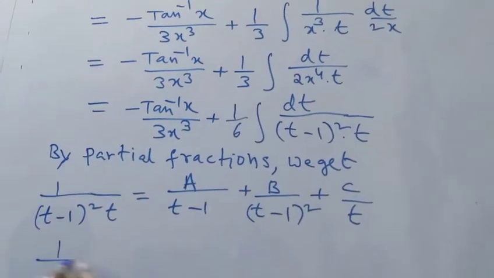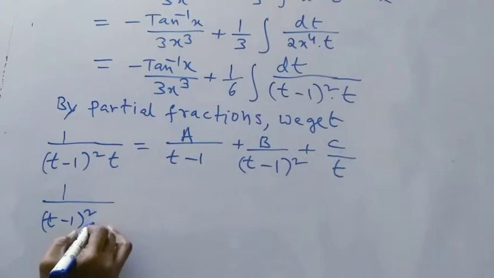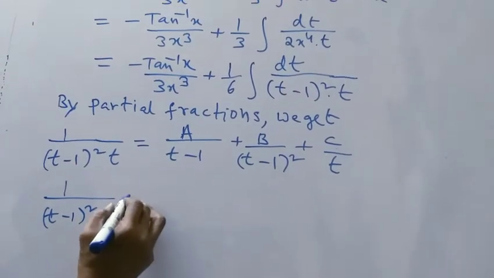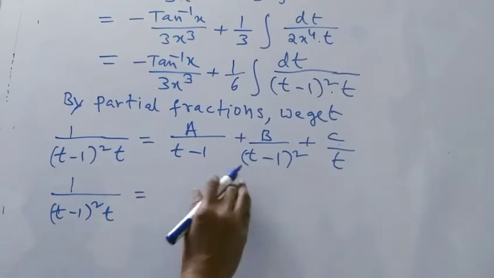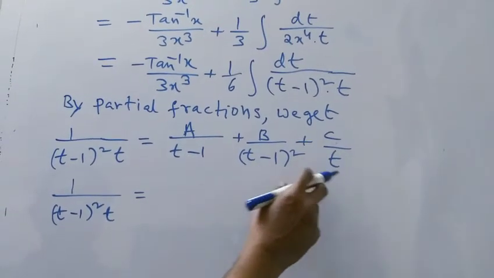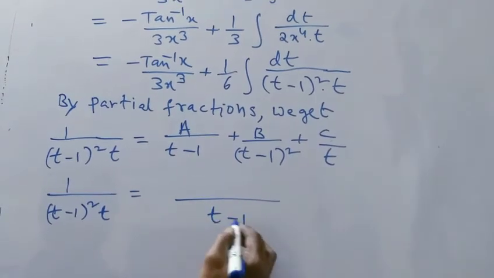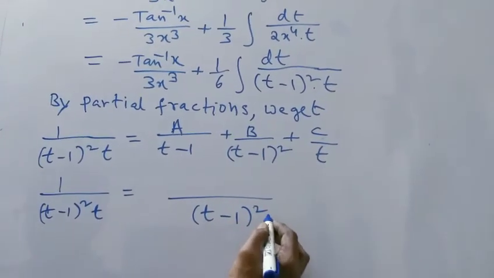So 1 by t minus 1 whole square into t is equal to, on the LCM of these three terms, t minus 1 whole square into t.